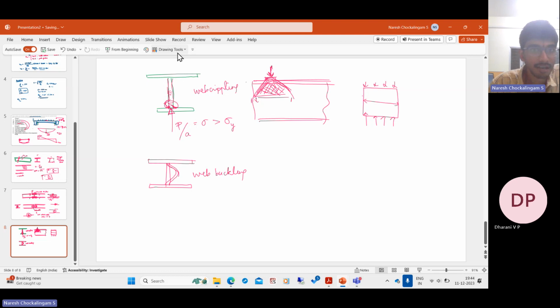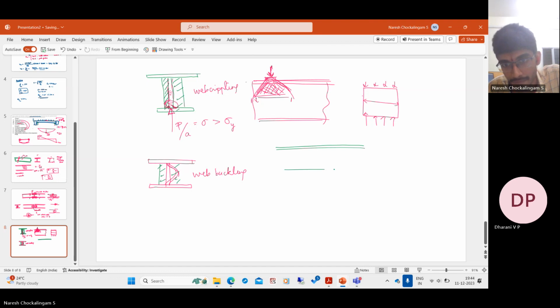To prevent this, what we provide is you stiffen the web. If this is the B, and this is the cross section, you know that the thickness of the web is the smallest.